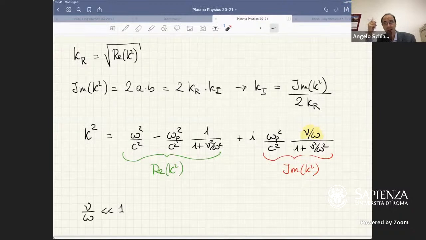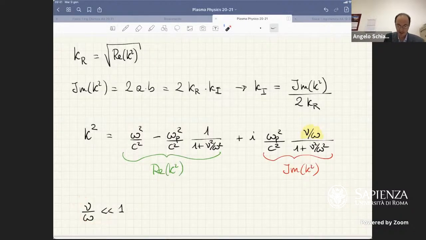For instance, collision frequencies are of the order of 10 to the 10, 10 to the 12 hertz, usually in the plasmas we are interested in, for instance in MCF, and green light has an angular frequency of about 10 to the 14, so 100 times higher or more. So this is a good approximation.